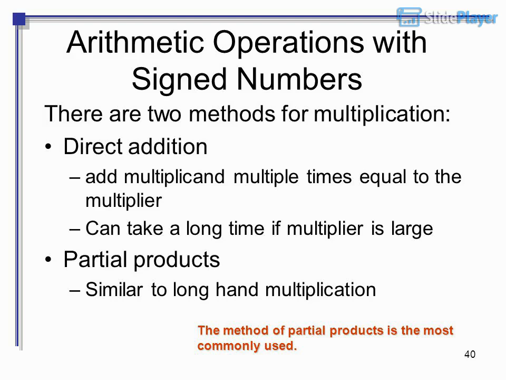There are two methods: direct addition, which adds the multiplicand multiple times equal to the multiplier and can take a long time if the multiplier is large; and partial products, similar to longhand multiplication, which is the most commonly used.